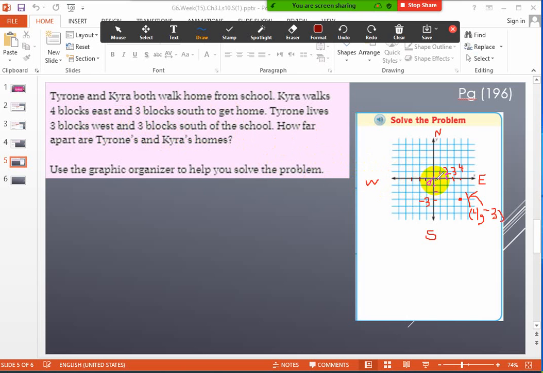So this is the south direction, 1, 2, and 3. So the point will be right here for Tyrone. Of course, this is -3 because it's on the left side of 0, and -3 because it's under the 0. So this is the ordered pair for this point.